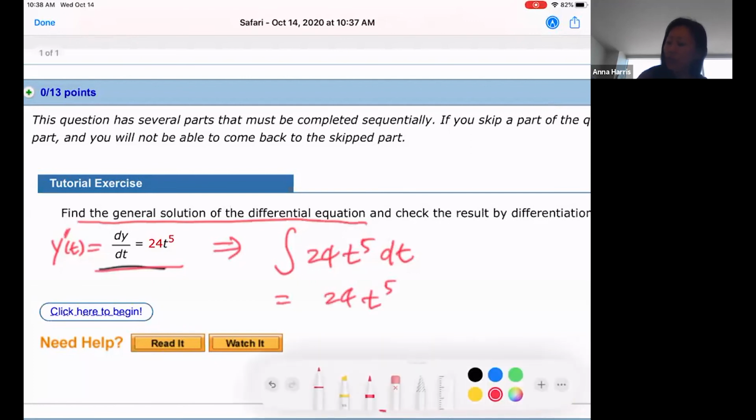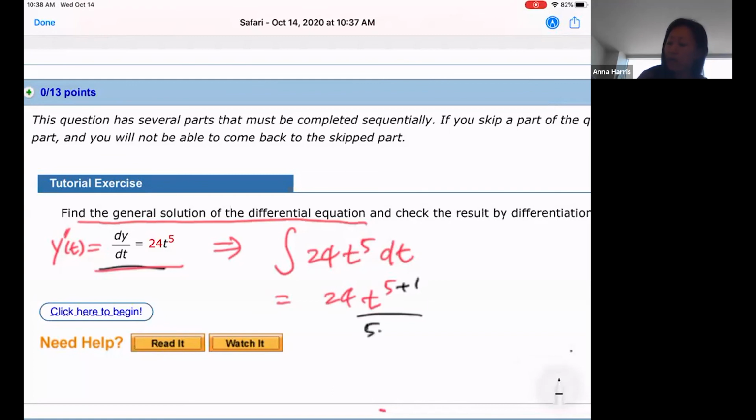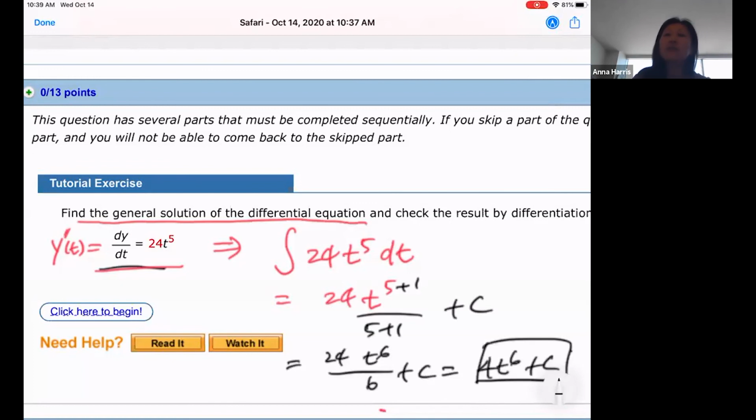And then what do you do? You add 1 to the power, 5 plus 1, and plus c. So you're done then. So that's your answer. All right, so that's how you have to do it.